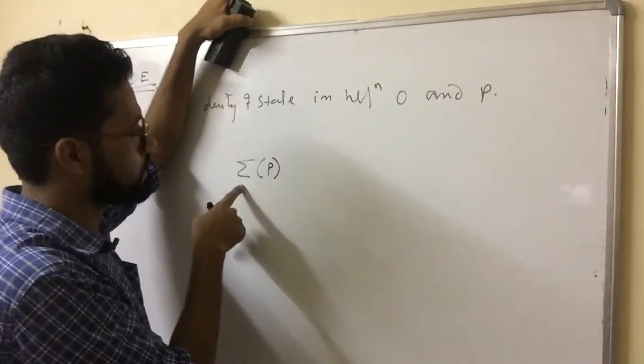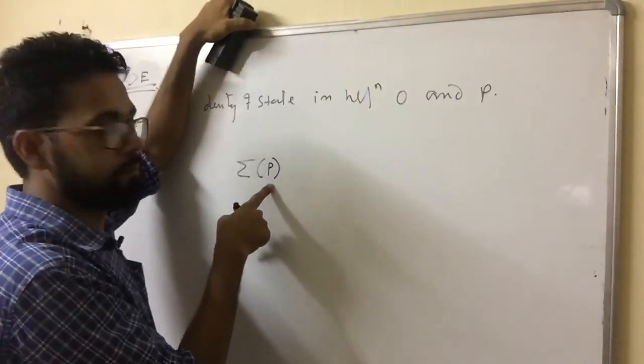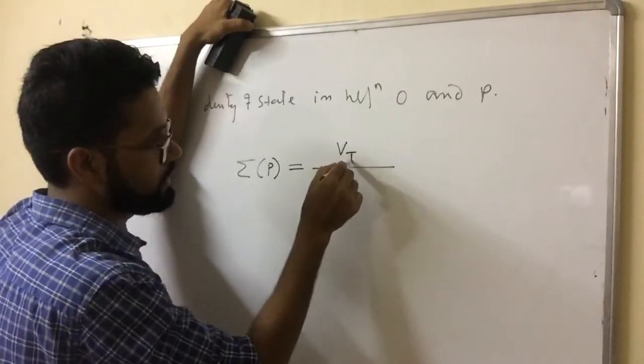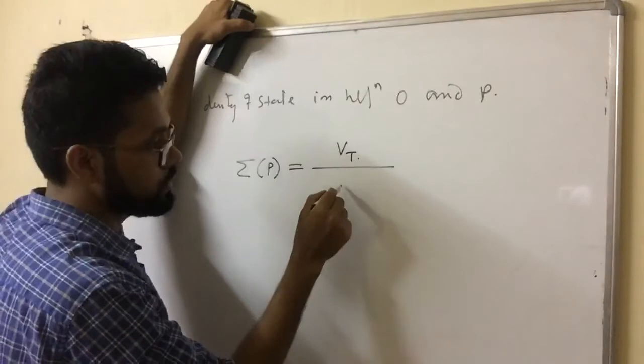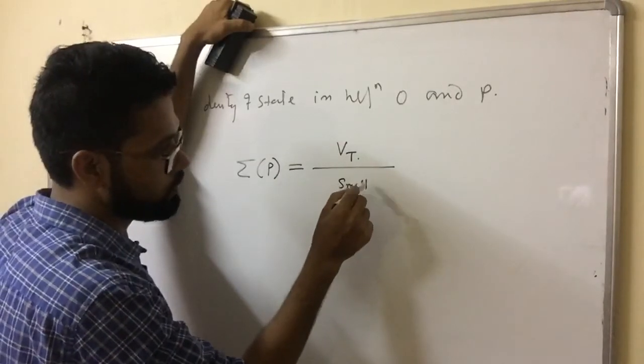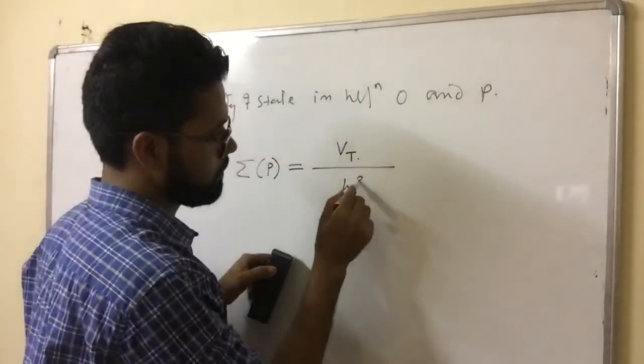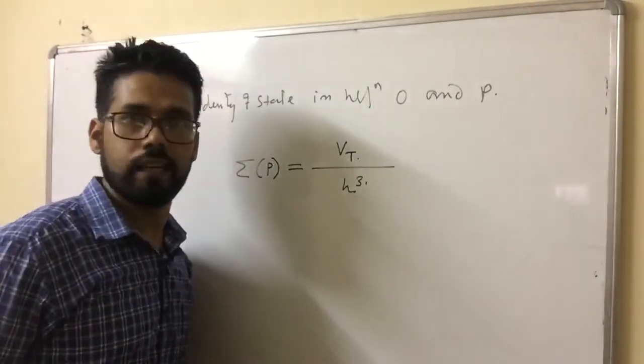Function of P means this sigma depends on momentum. What am I getting? Total volume Vt divided by the small unit cell volume. What is the unit cell volume? This one. Clear?